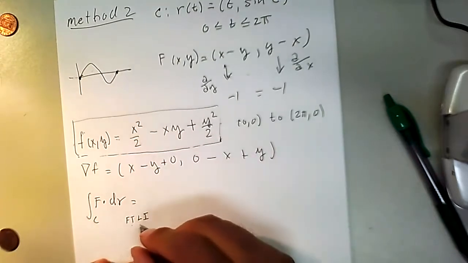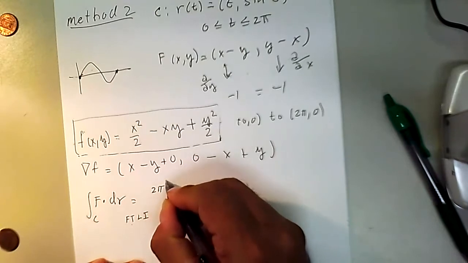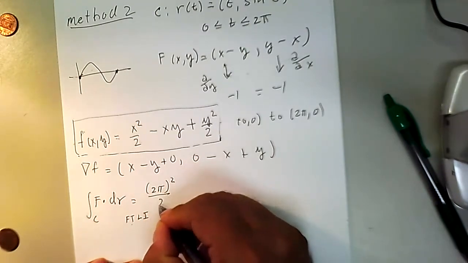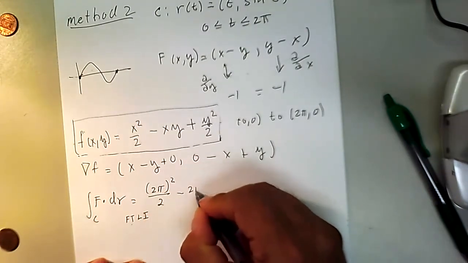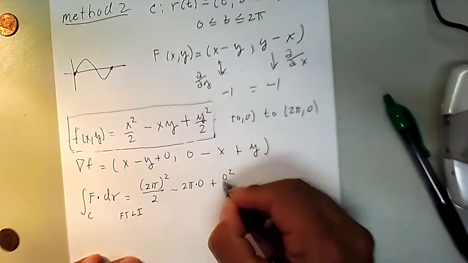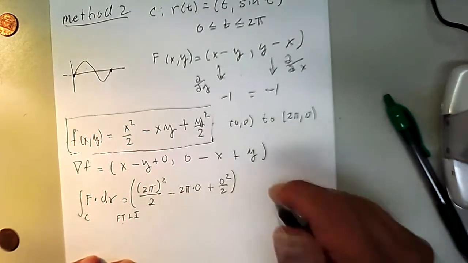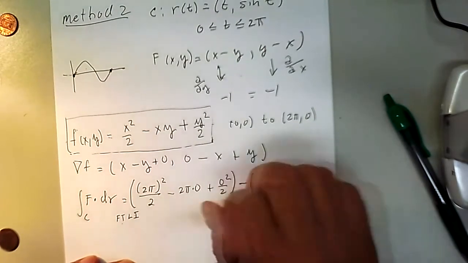So by the fundamental theorem of line integrals, all we have to do is put 2 pi quantity squared over 2 minus 2 pi times 0 plus 0 squared over 2. So this is plugging in 2 pi, 0, take away 0.